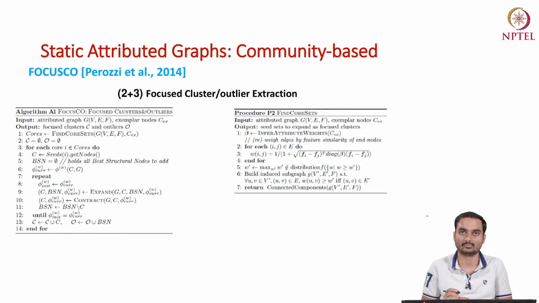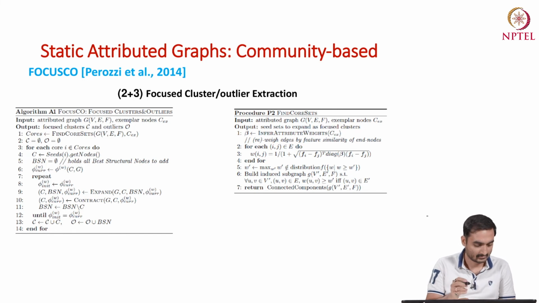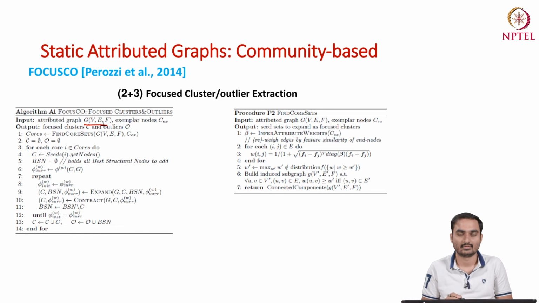Let us look at the algorithm now, the FOCUS algorithm. The input is a graph and the set of exemplar nodes. This set of exemplar nodes is used to measure the importance of attributes.